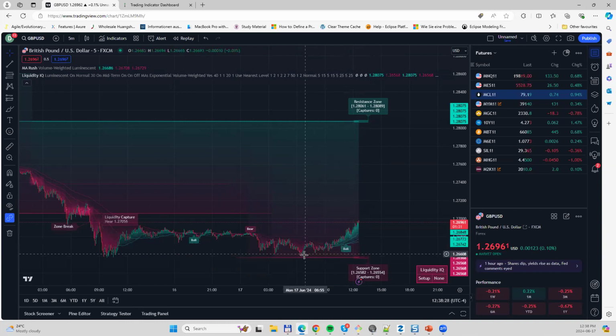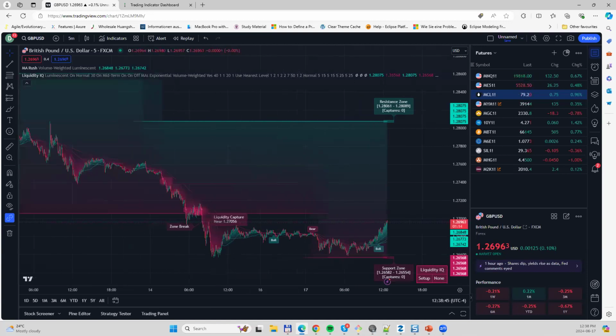It would have been a nice opportunity here. Now we're somewhat in no man's land, something I would not engage right now. I like to trade when price is near these levels, because that's what you get, these great trading opportunities when it's near these levels.